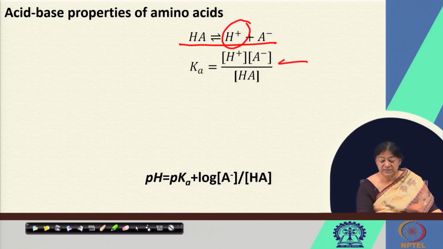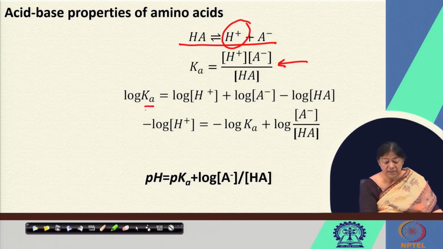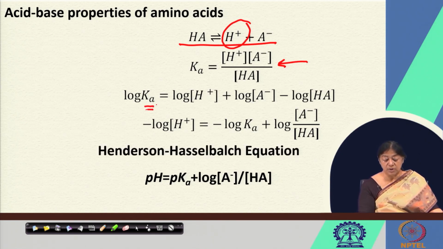Using the law of mass action in an equilibrium setting, we can find the value of Ka, and from the Ka value we get the pKa value. With knowledge of the concentrations of A minus, the conjugate base, and HA, we can find what this ratio will be at a definite pH.